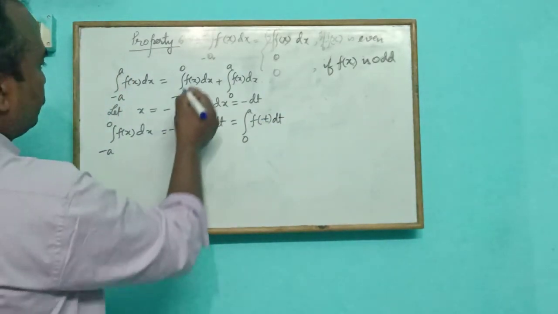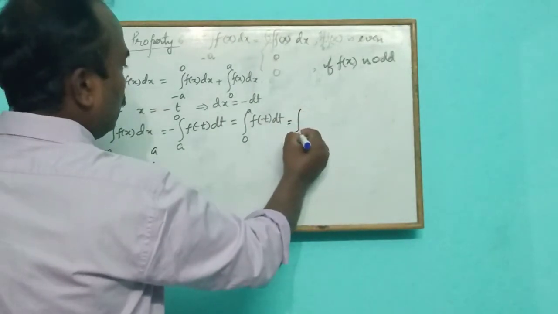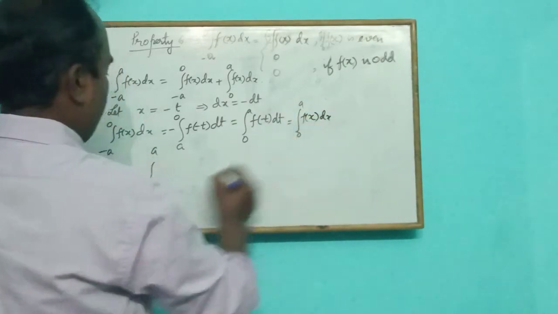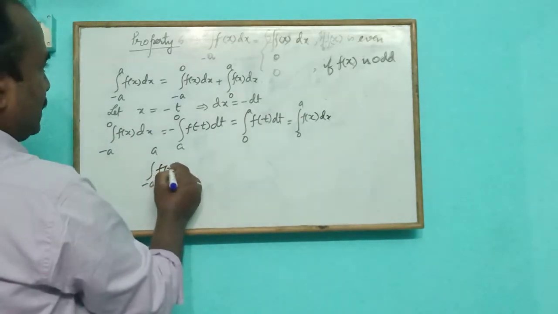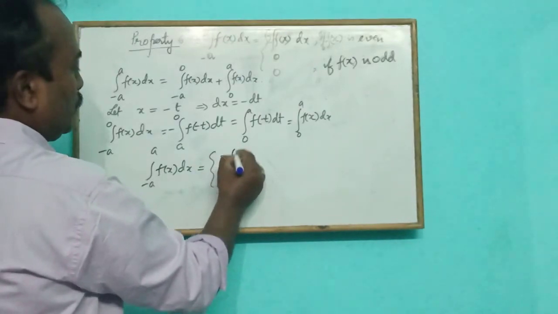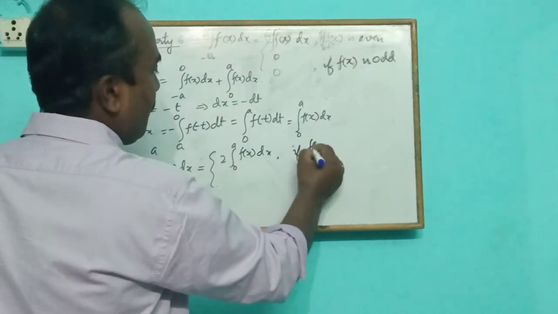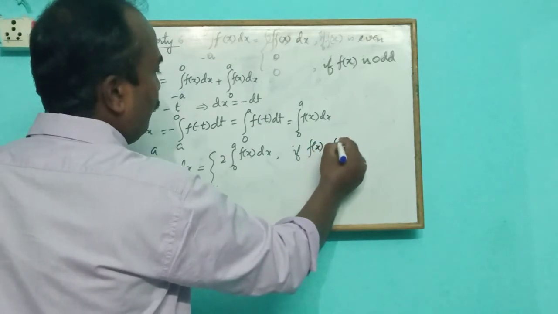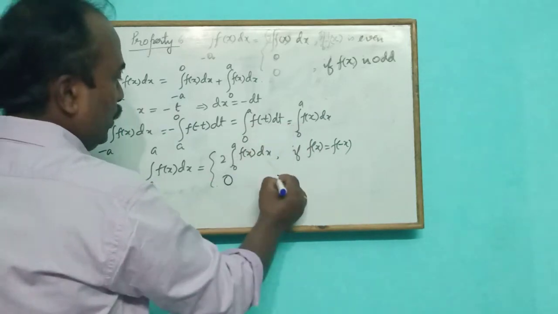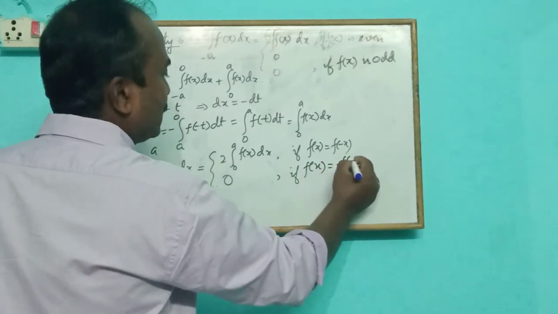Hence we can write integral minus a to a of f(x) dx equal to twice integral 0 to a of f(x) dx if f(x) equal to f of minus x, and equal to 0 if f(x) equal to minus of f of minus x.